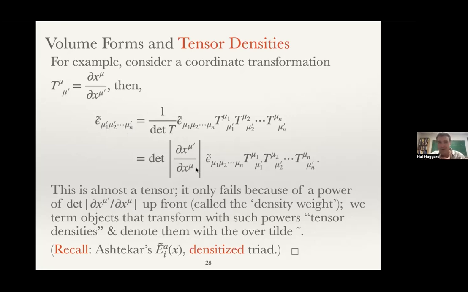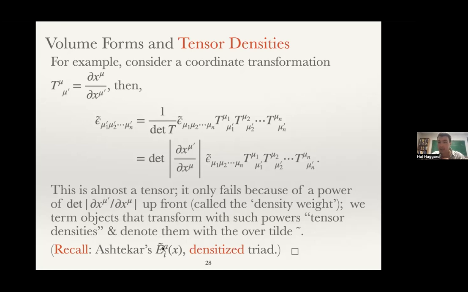You can now see why I'm giving you this particular technical information. I told you last class that I was going to introduce Ashtekar variables for you, and that Ashtekar variables were a densitized triad. So now you know what I mean when I say it's densitized and why I put this tilde on it.